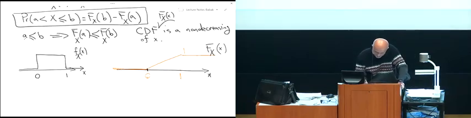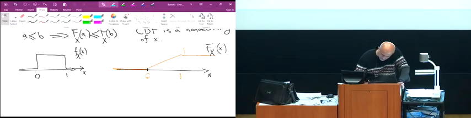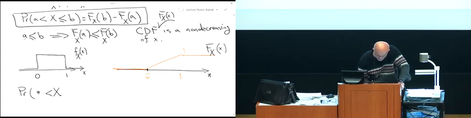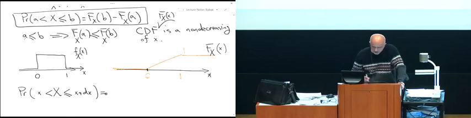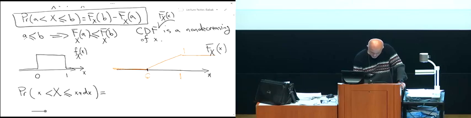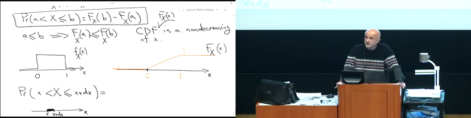Okay. Now, let's go back to my black ink here. Now, suppose I ask you what the probability is that the random variable x is between small x and x plus dx. What would you tell me in terms of the CDF? So I'm not talking about the uniform anymore. In general, I want random variable x to be somewhere between here and an infinitesimal interval to the right.